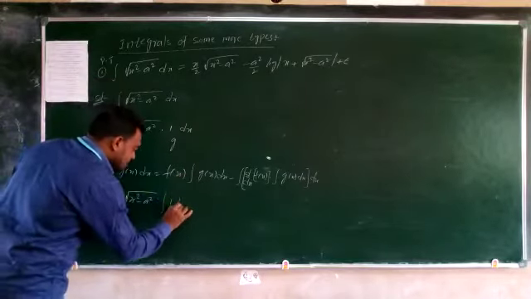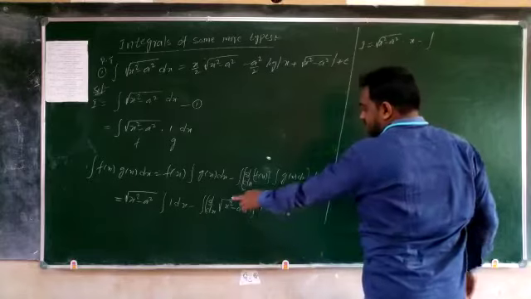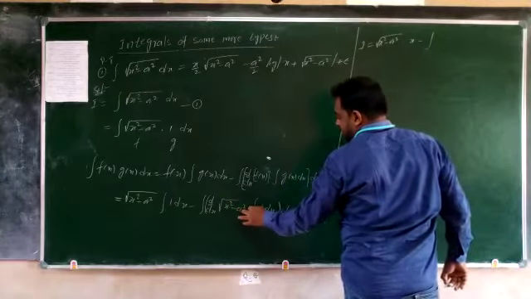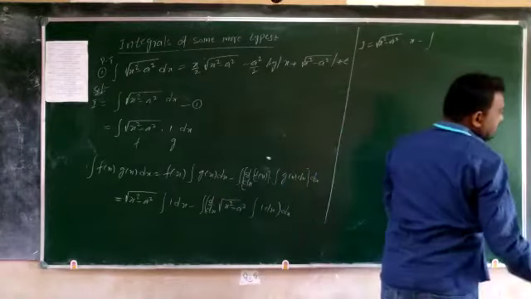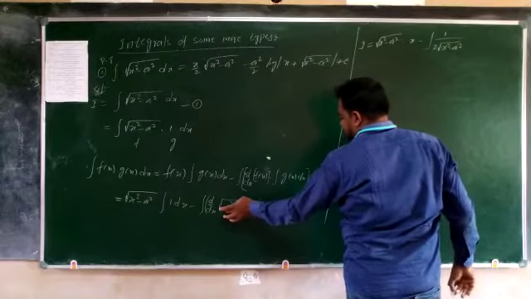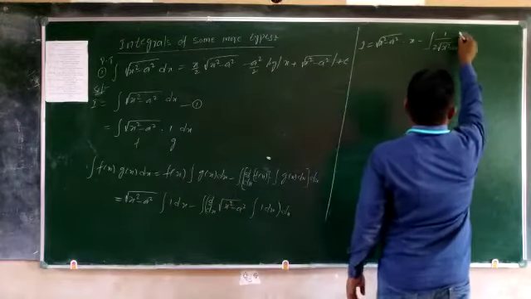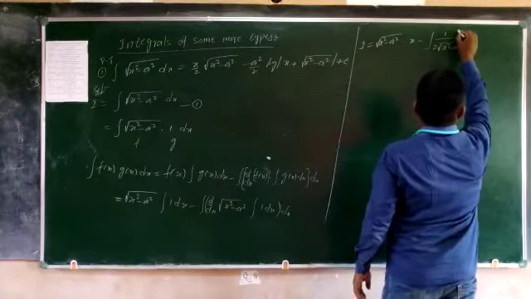Now I is equal to square root of x square minus a square into integration of 1 dx. Integration of 1 dx is equal to x, minus integration of the derivative of square root of x square minus a square. Root x derivative is 1 by 2 root x. So 1 by 2 root of x square minus a square, and next to it the derivative of the function inside the square root, that is x square minus a square derivative: x square derivative 2x, minus a square derivative 0.